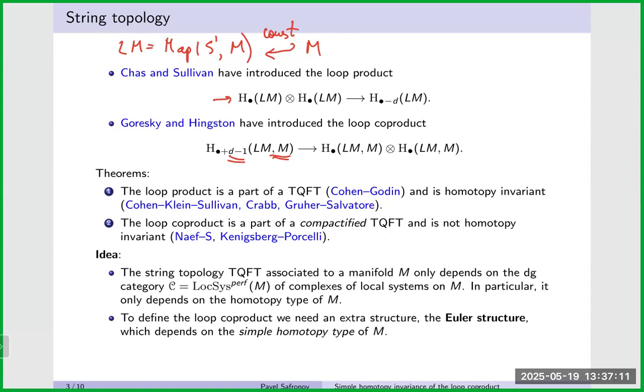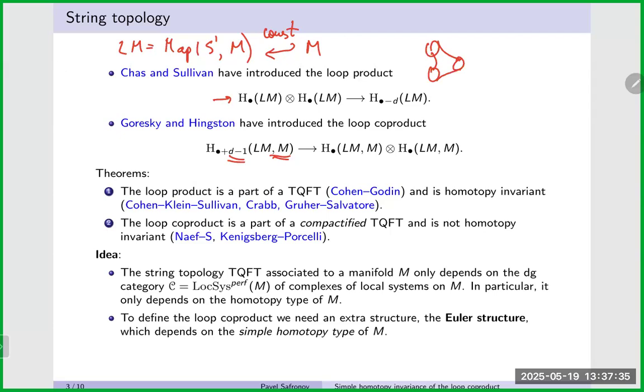So let me say some results about these. If you look at this loop product, it's actually a part of some two-dimensional TQFT, topological quantum field theory. Namely, it's the pair of pants product in a TQFT. So it's a 2D TQFT.